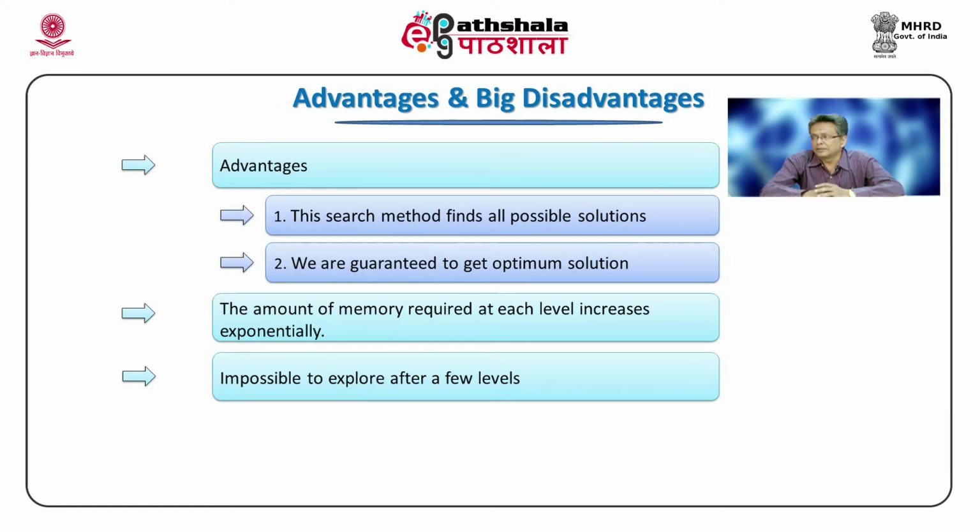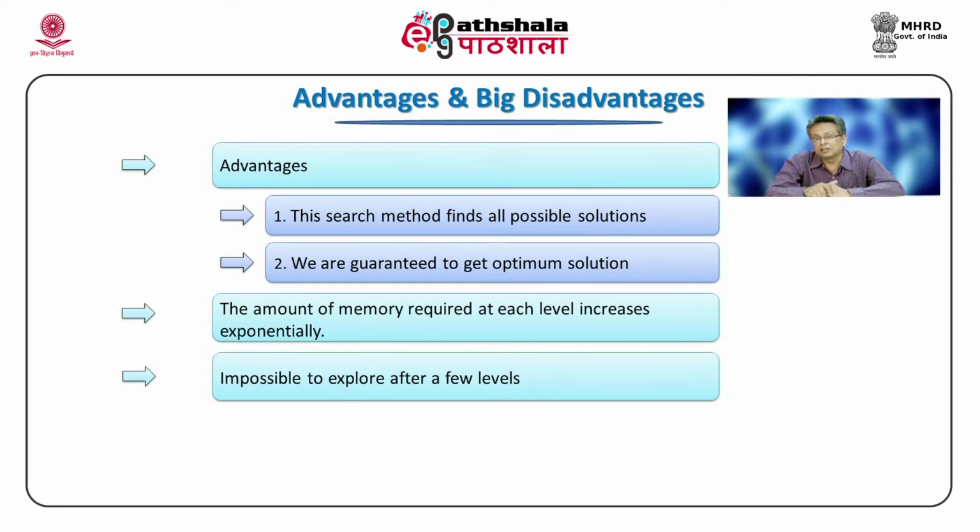Think of it. The first level has 1 node, the second level has 2, the next level has 4. In fact, every level you will be exploring one node more than the total number of nodes explored so far, even in the case of a binary tree.